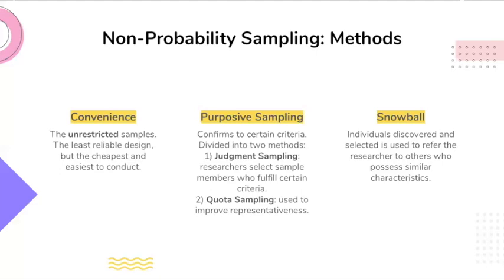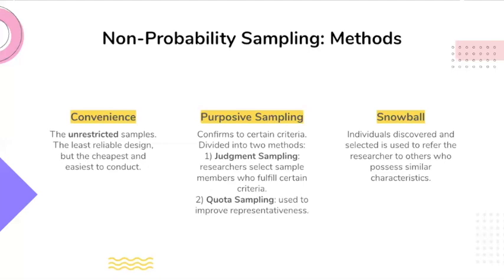We have next snowball sampling. Snowball sampling is when respondents are difficult to identify and are best located through referral networks. Basically, individuals discovered and selected are used to refer the researcher to others who possess similar characteristics. The first step is we approach individuals who may or may not be selected through probability methods.